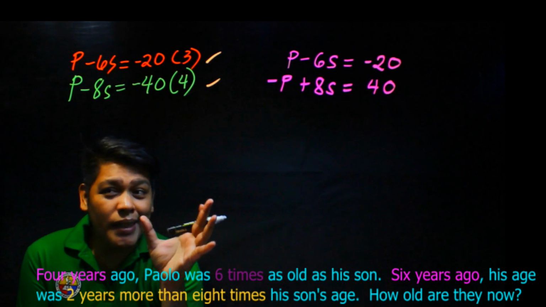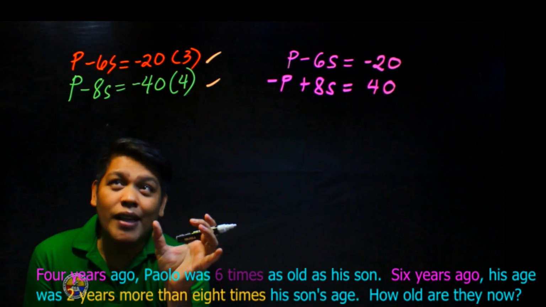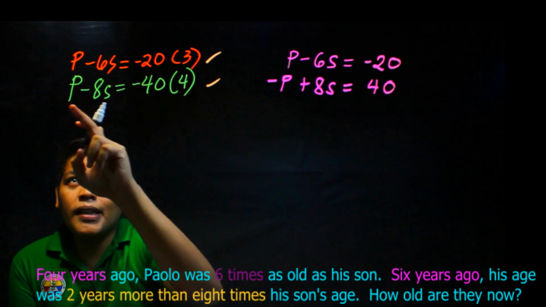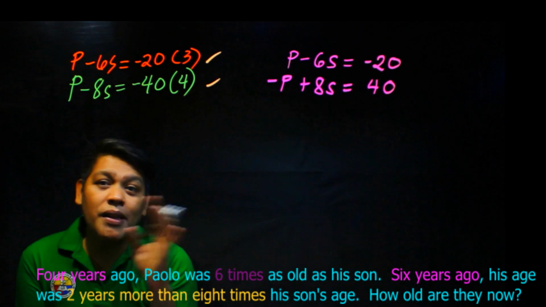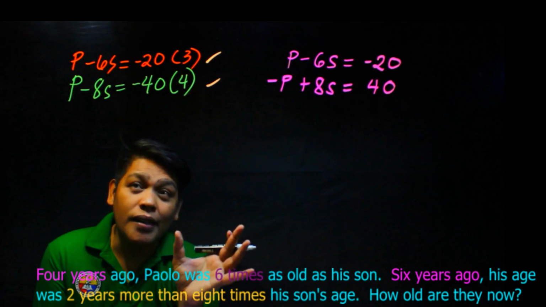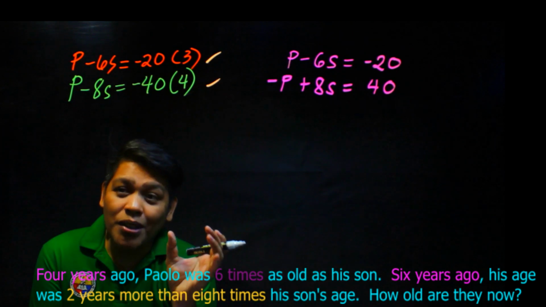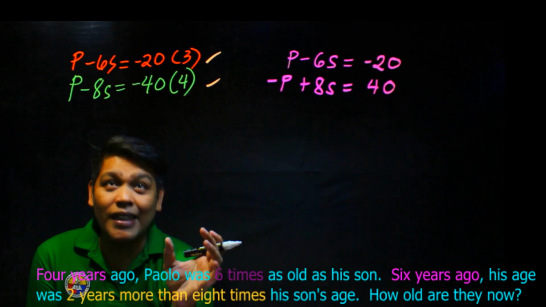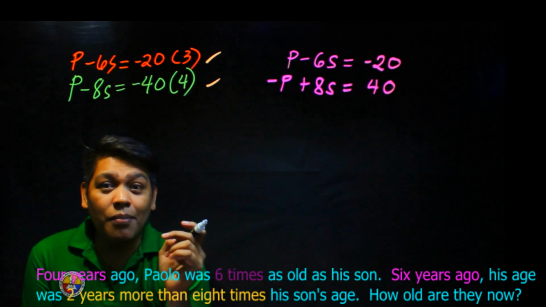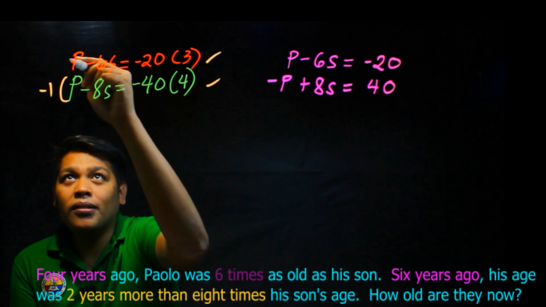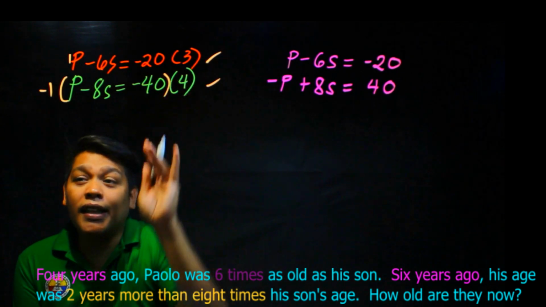So, mag-i-eliminate tayo ng isa dyan. Ano gagawin natin para mawala yung isang variable? Dahil ito ay parehas P, pag pinag-plus natin yan, 2P lang yan. So, kailangan may ma-eliminate. Ang gagawin natin is multiply natin yung isa ng negative. For example, number 4, multiply natin ng negative 1 ng buo.